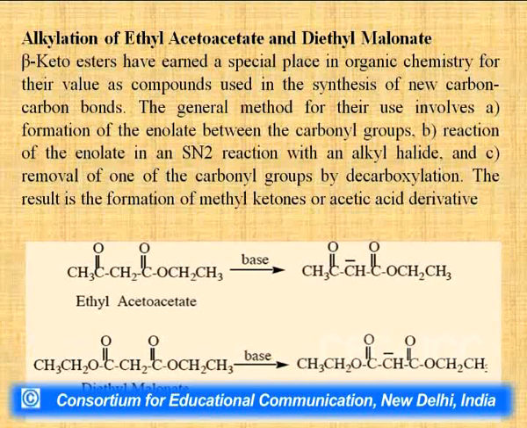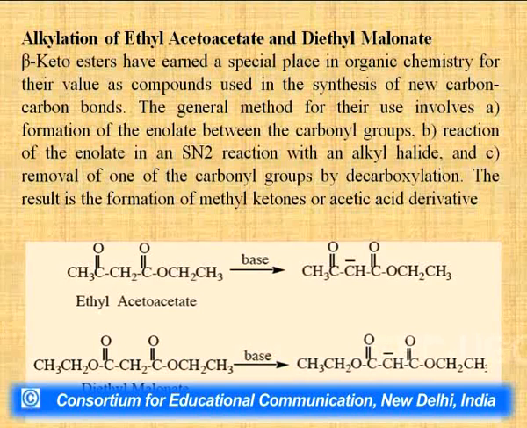Why are they more acidic? Basically, the reactivity of ethyl acetoacetate and diethyl malonate depends totally on the acidic hydrogen. What are the acidic hydrogens? The central hydrogens. They are more acidic than other hydrogen atoms because of the presence of electron withdrawing groups adjacent to the CH2 group.